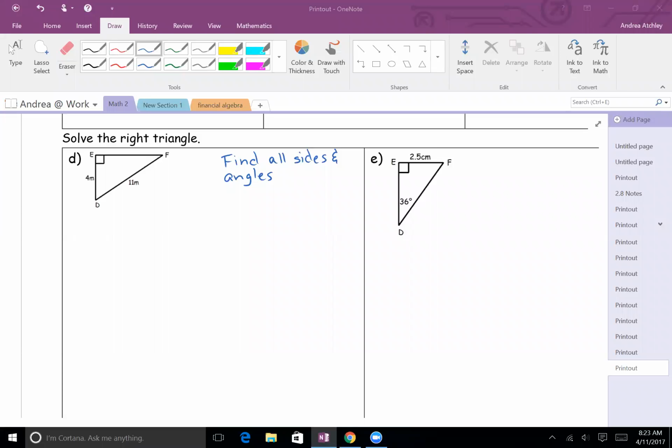Okay, so we need to find all the sides and all the angles. If you have two sides, you want to use the Pythagorean theorem to find the third side.